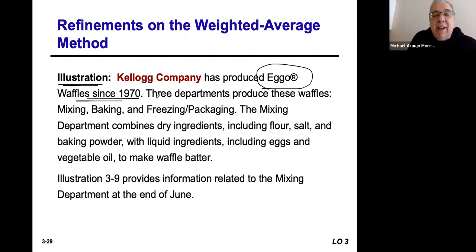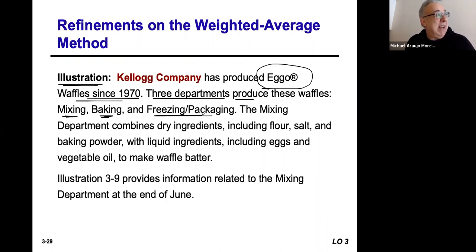Basically here, Kellogg's uses 3 departments to produce these Eggo waffles. The first department is mixing. The second department is baking. Baking, not bacon, like the type of pork, baking. My accent gets in the way, I apologize. And the last department is freezing and packaging.